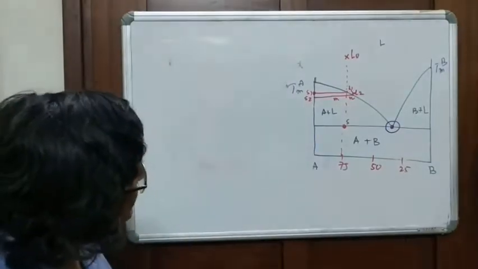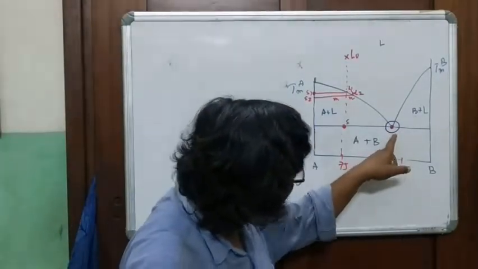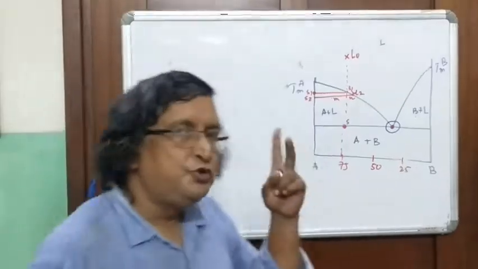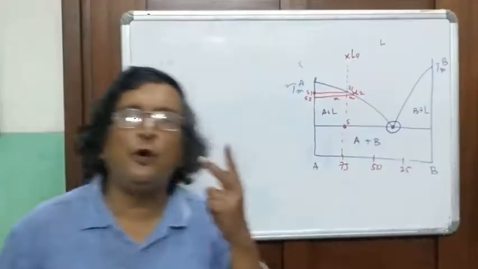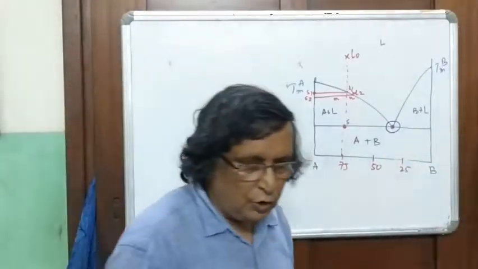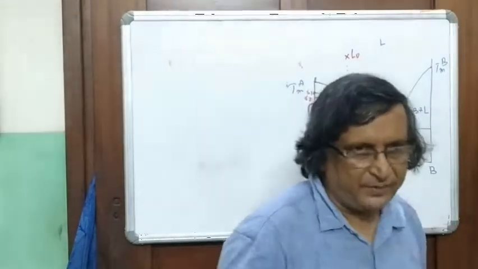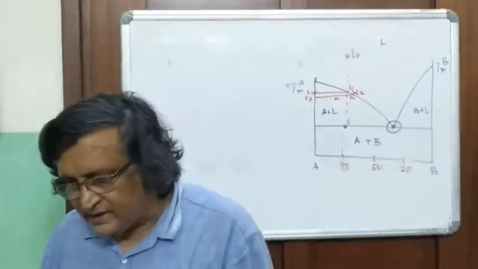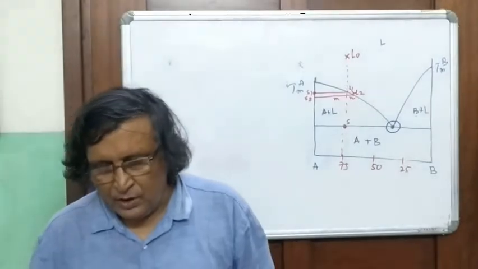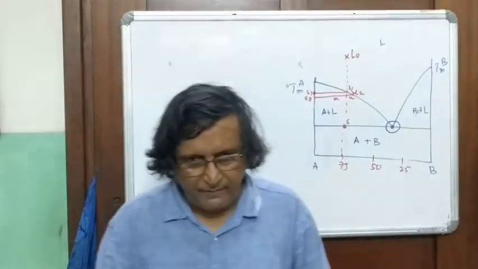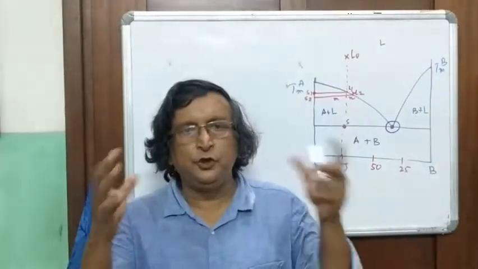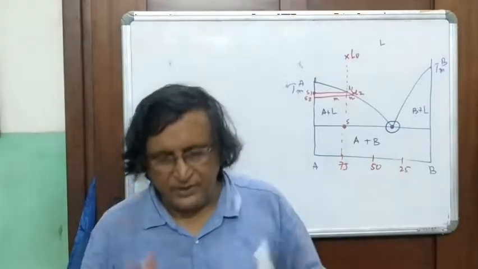What happens in this field? Two crystals co-precipitate. Now when this happens, you can imagine you have a melt and you have two crystals co-precipitating.